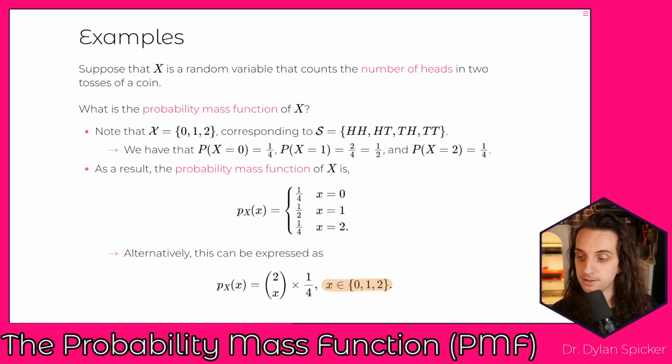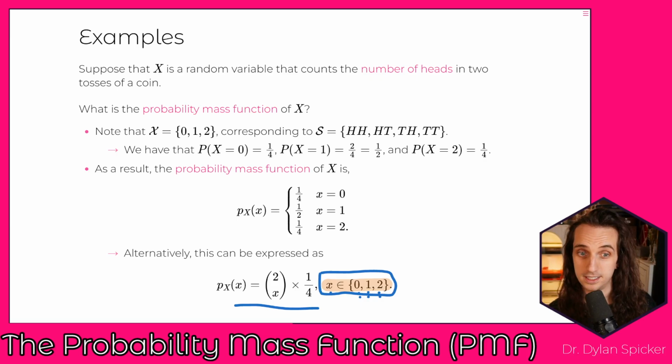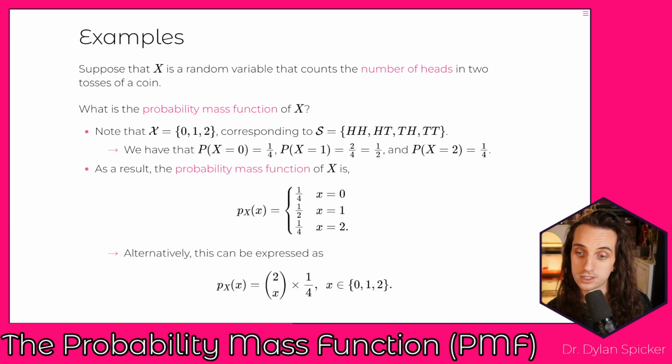Okay, and so here we're saying it's going to take on this form if x is 0, 1, or 2. Implicitly, what we mean is that if it's not 0, 1, or 2, then it takes on a probability of 0, right? And so you have to be looking for, well, what is the set of values that x is actually defined for? That's always going to be an important feature of our probability mass function.